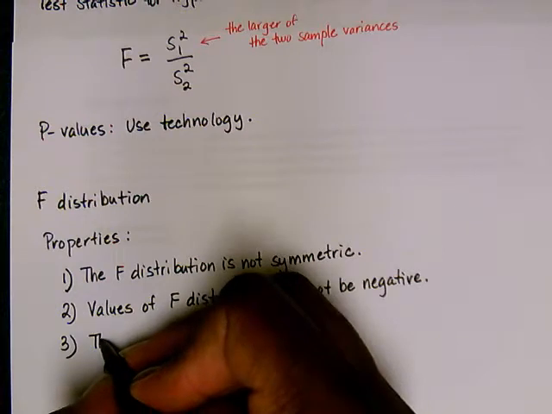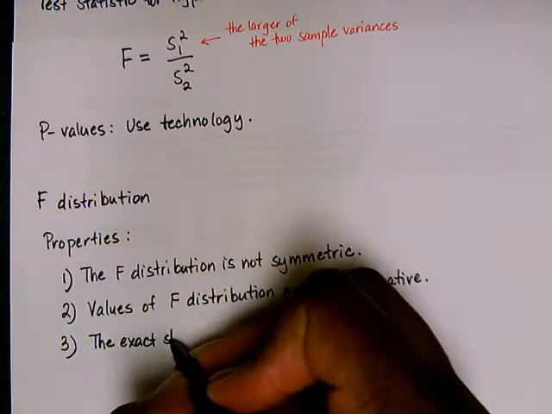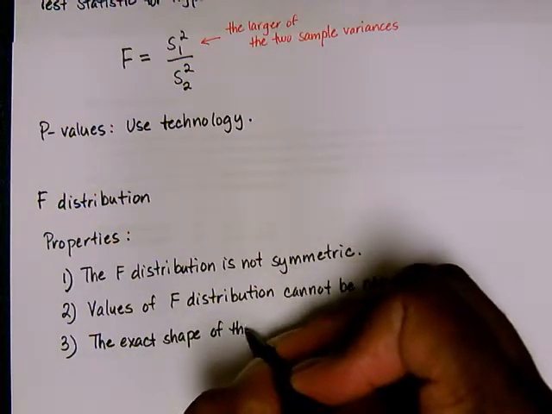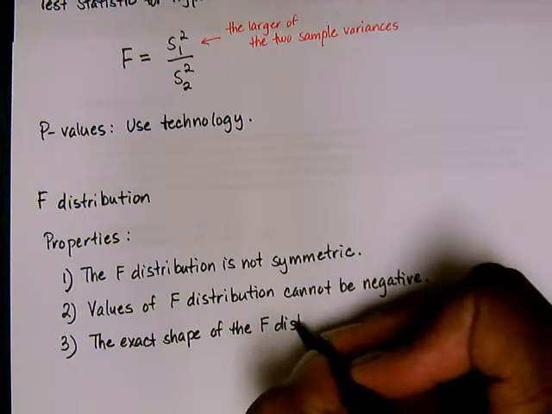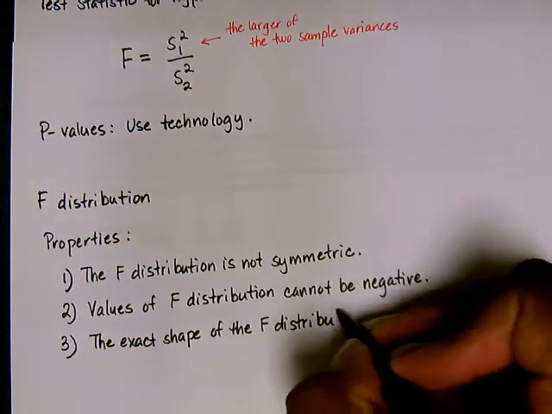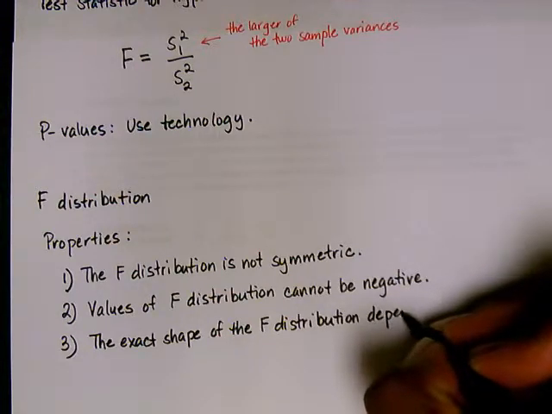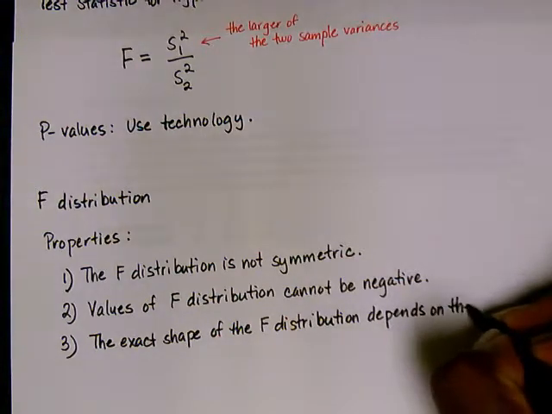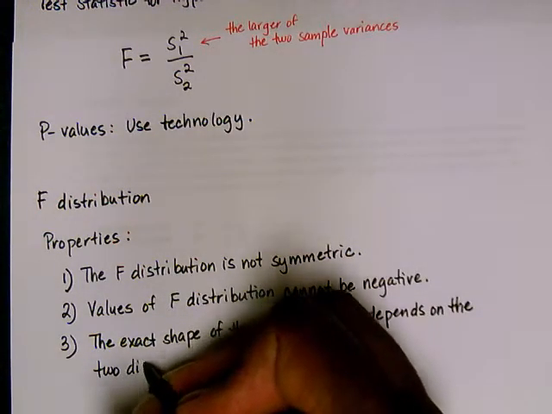And then the third property is that the exact shape of the F distribution depends on the two different degrees of freedom.